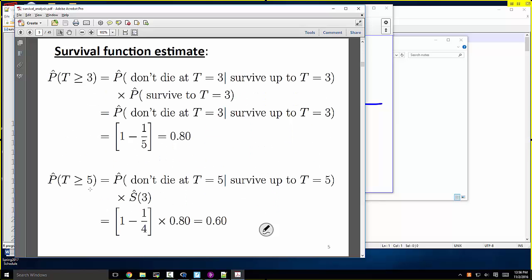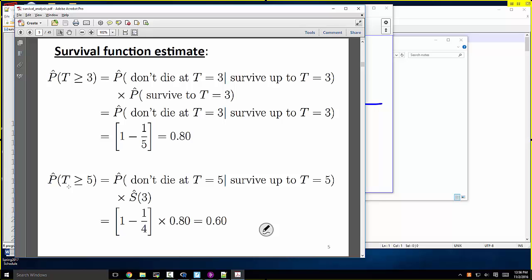At time 5, what is the Kaplan-Meier estimate of survival probability? Using the same strategy that we used above, we can say this is a joint probability: the probability you survive up to time 5 and don't die at time 5. And then express that as a product of a conditional and a marginal.